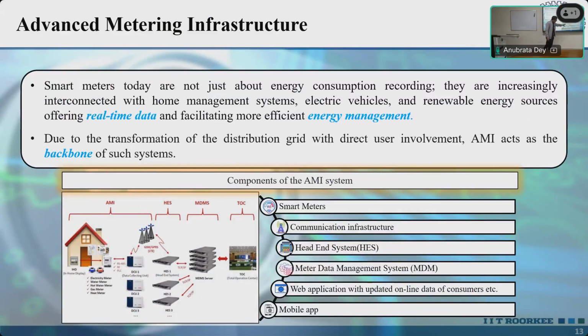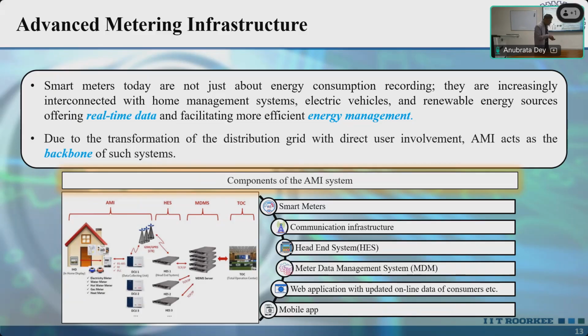You have some communication infrastructure depending upon the capability and application. Then you have the head end system and the meter data management system, which is normally at the utility side. And of course some web application, where you want to control it through your mobile app, so that is also there.